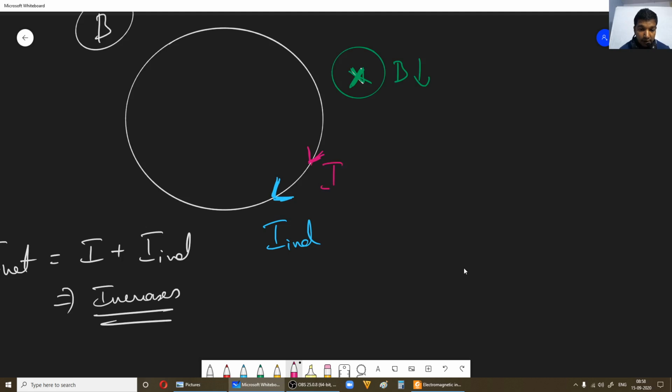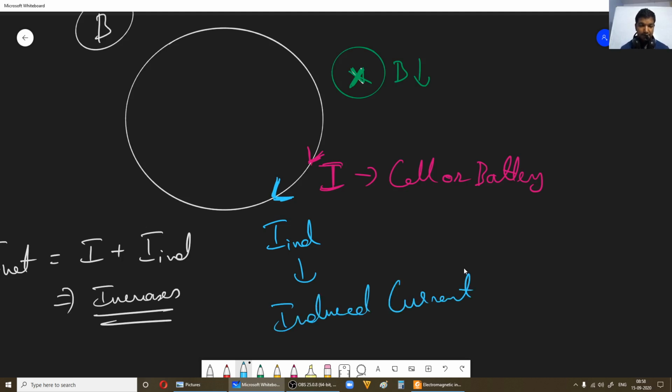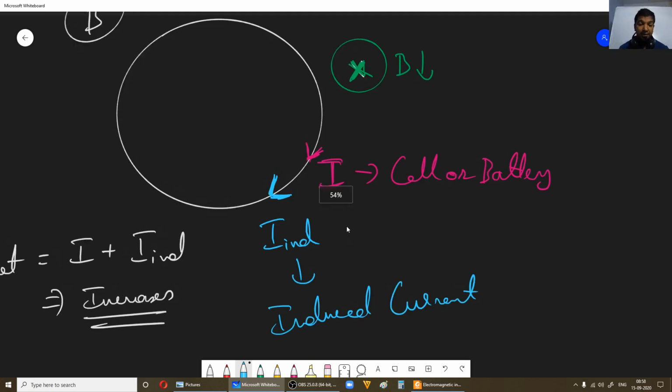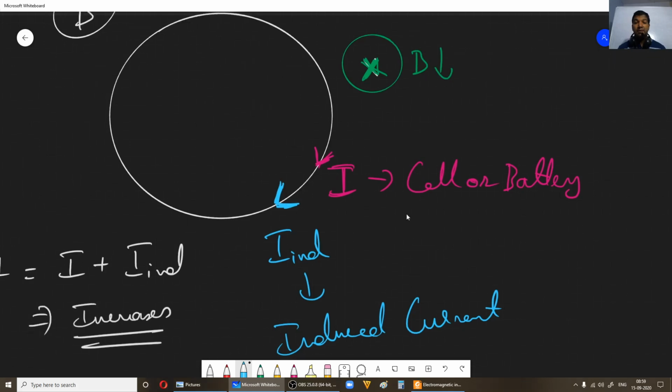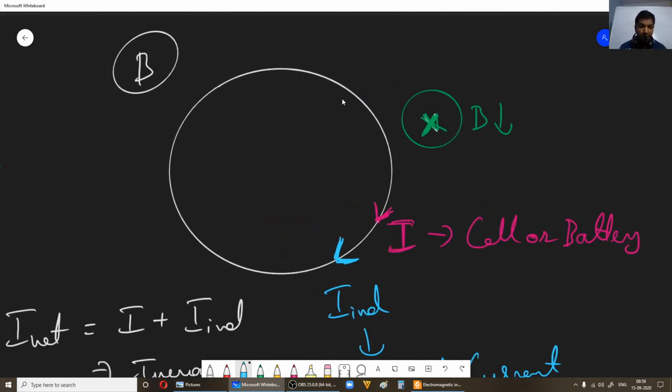This current is due to the cell or battery, which was present even before the motion happened. Now this is the induced current, due to induced EMF. The EMF will be induced so that the current will be in a direction that helps in increasing this decreasing magnetic flux. I am talking only about coil B.